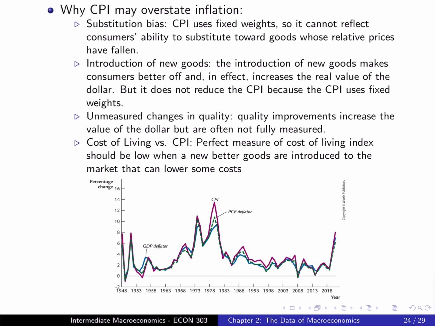A perfect cost of living index would fall or rise less rapidly when newer and better goods reduce actual living costs. The CPI does not fully adjust for such dynamic improvements, leading to potential overstatement. As a result, the CPI may report a higher inflation rate than what consumers actually experience in terms of cost of living adjustments.